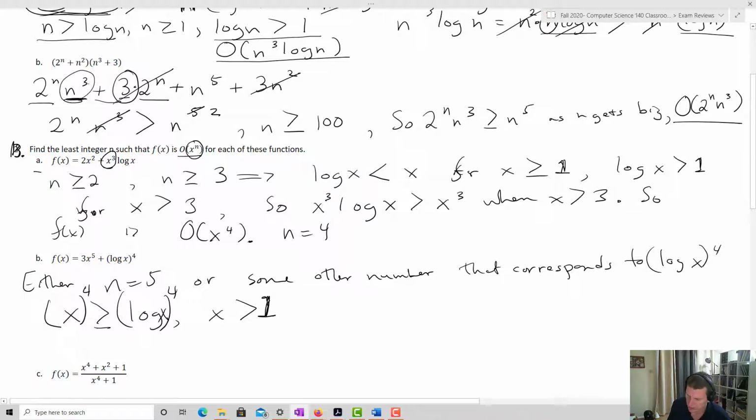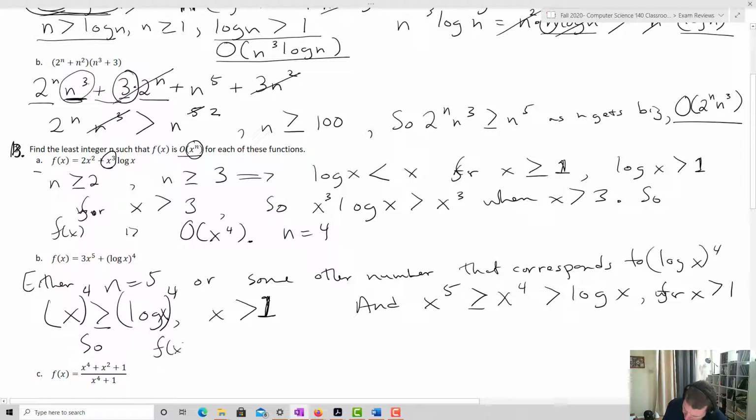So x to the 4th is going to be greater than or equal to log x to the 4th, and x to the 5th is greater than or equal to x to the 4th, which is greater than log x to the 4th for x greater than 1. So that means that f of x is O(x to the 5th), because that is the fastest growing part of the function.